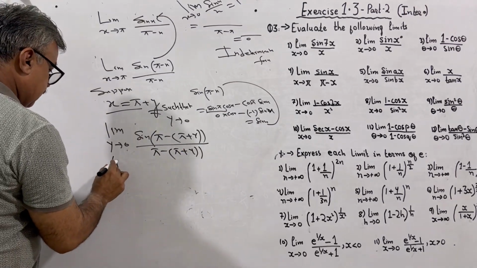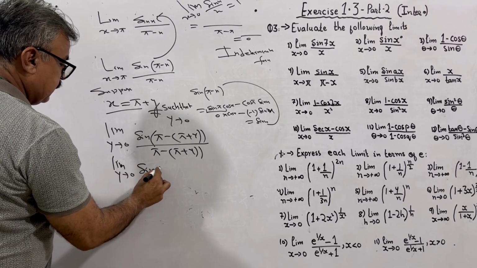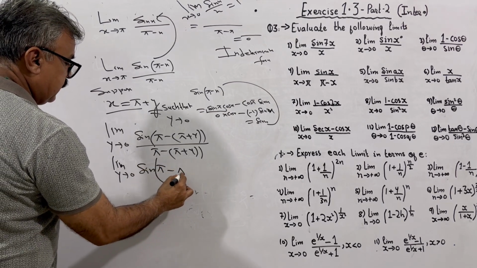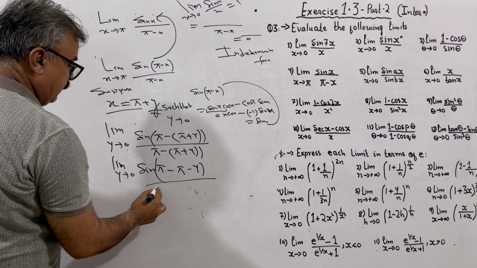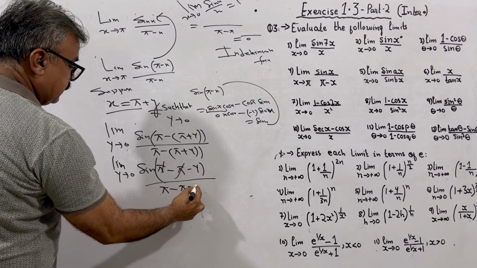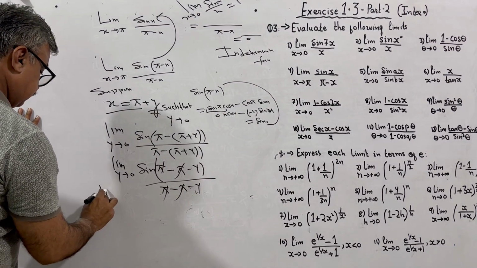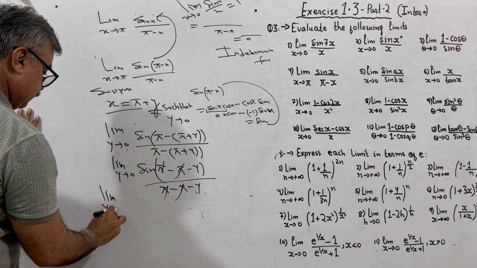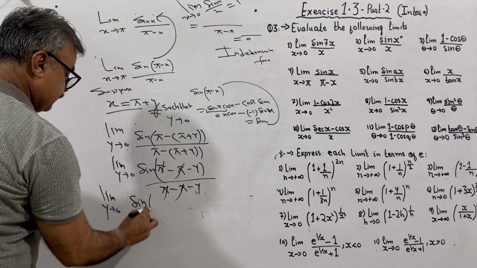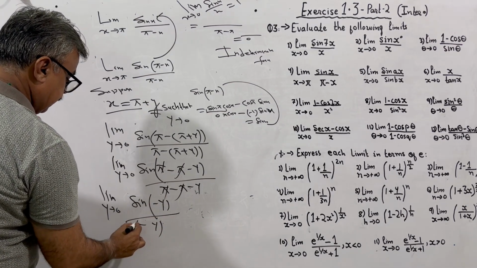Let's open this up, limit y tends to 0, we have sin of pi minus pi minus y. Overall, pi cancels, pi minus y cancelled out. What are we left with? Limit y tends to 0, sin of negative y over negative y.